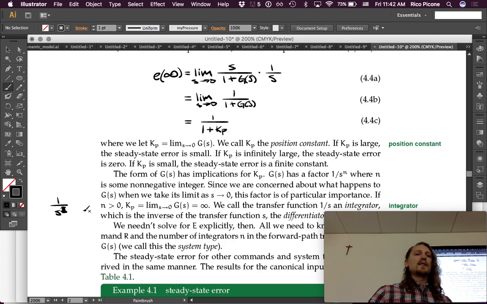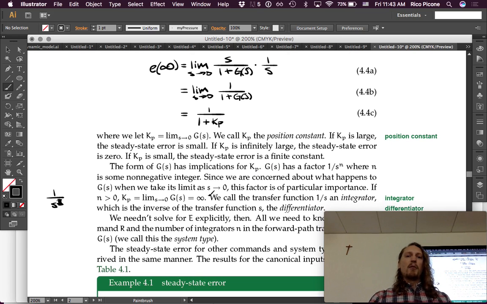And if you take s to 0, this is always going to blow up to infinity, right? And if it blows up to infinity, that means kp goes to infinity. And if kp goes to infinity, we know that the steady state error is 0, right?